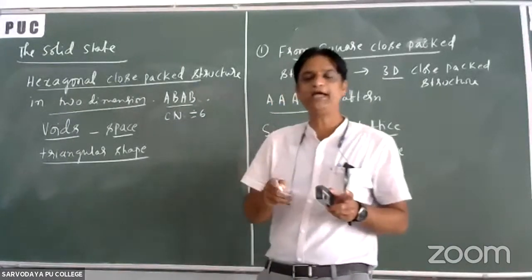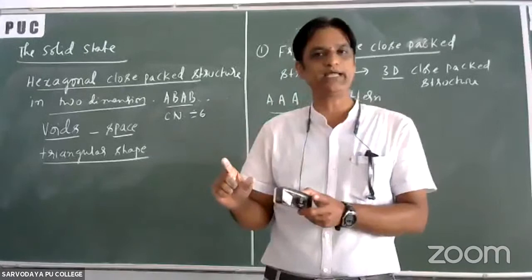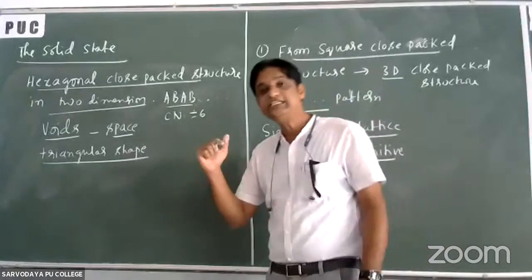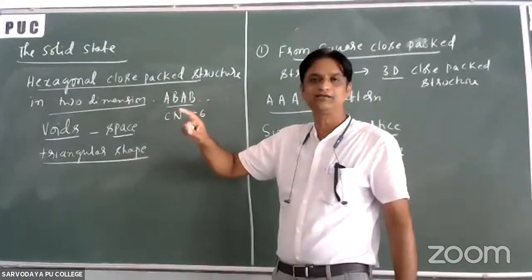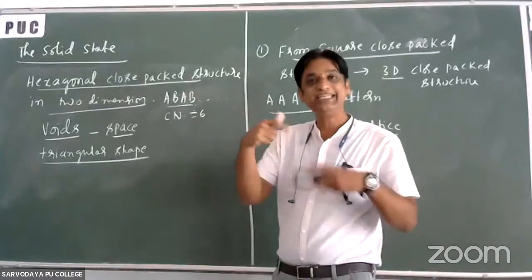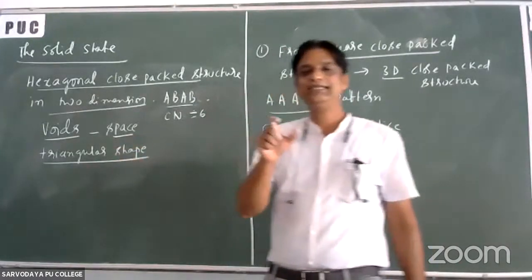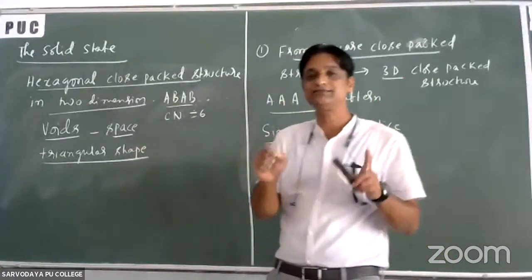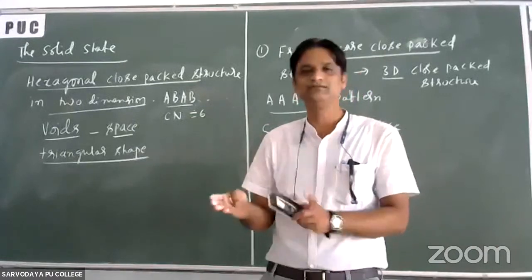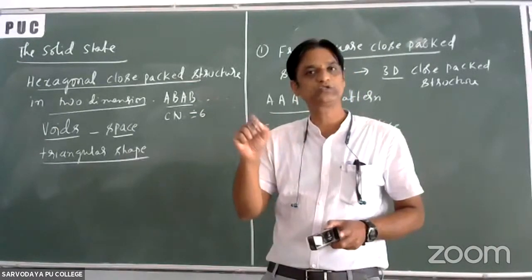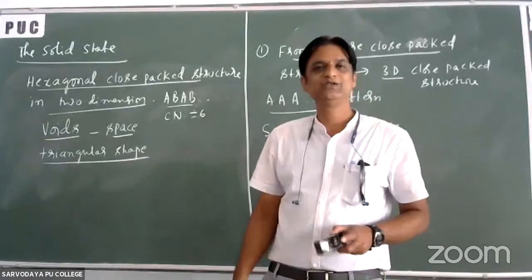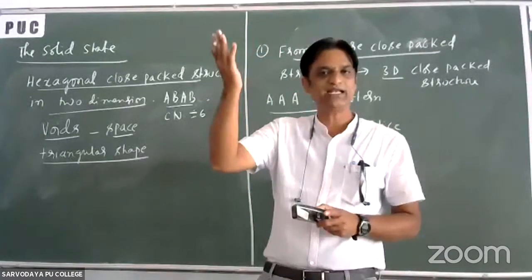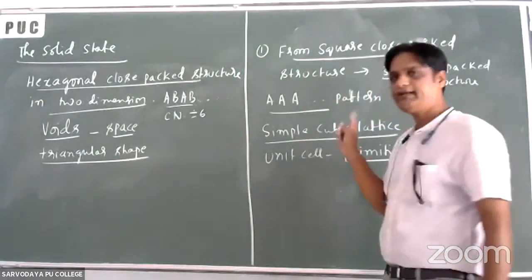So if you compare square close packed structure in two dimension and hexagonal close packed structure in two dimension, which is more efficient? Hexagonal close packed structure in two dimension is more efficient because in this case, when particles are arranged, the percentage of space that is present will be less compared to square close packed structure in two dimension. So from square close packed structure in two dimension, by arranging the layers one above the other, we get simple cubic lattice.